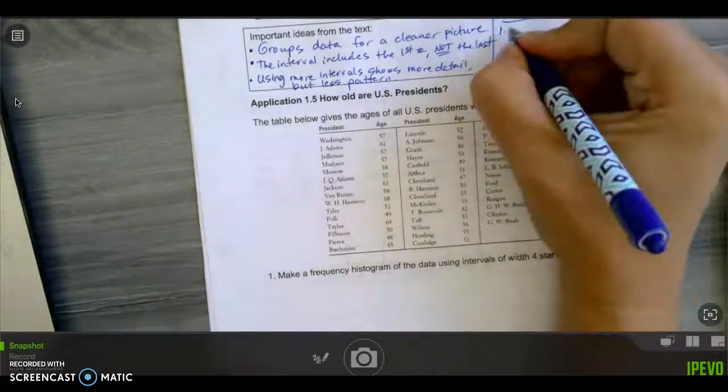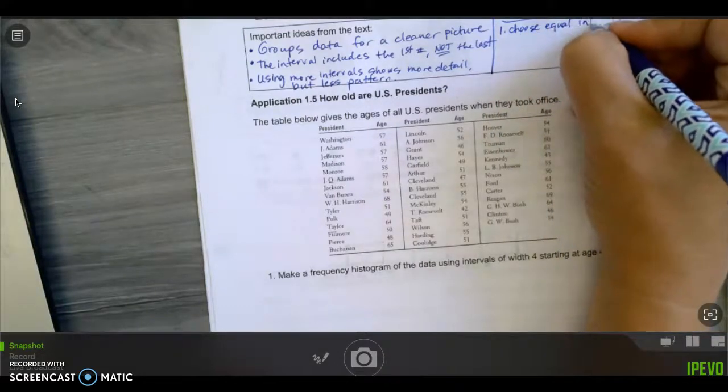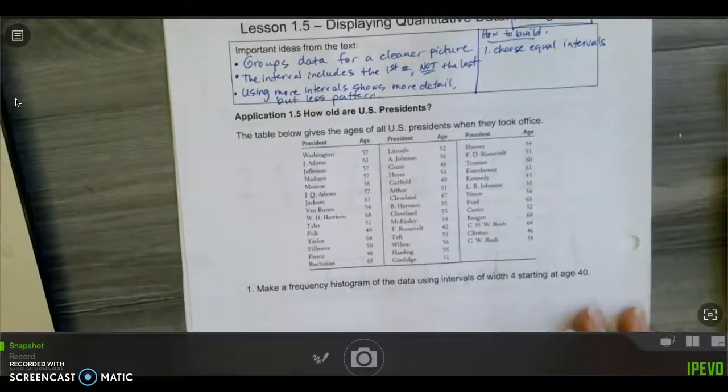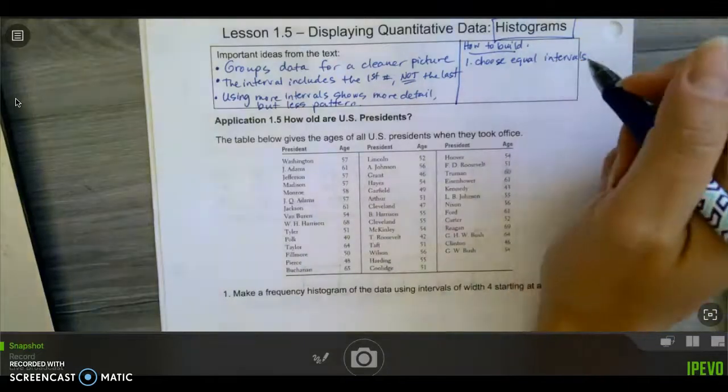Okay, number 1, choose equal intervals. And it's helpful if you look at the data and you kind of get an idea of what is my highest and lowest. If the highest and lowest are very close together, then you want to choose smaller intervals. But if the highest and lowest are very spread out, you're going to want larger intervals. Okay, so you need to choose those.